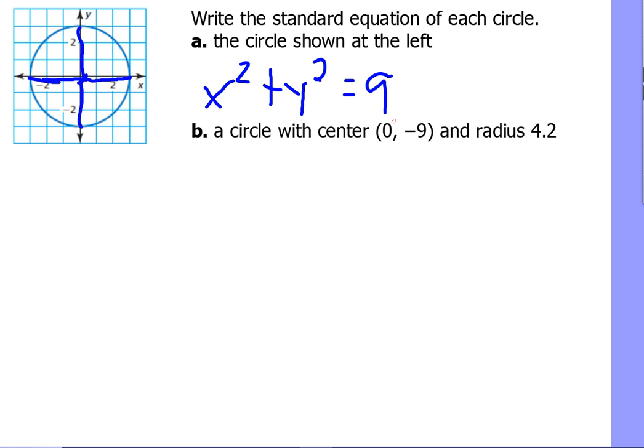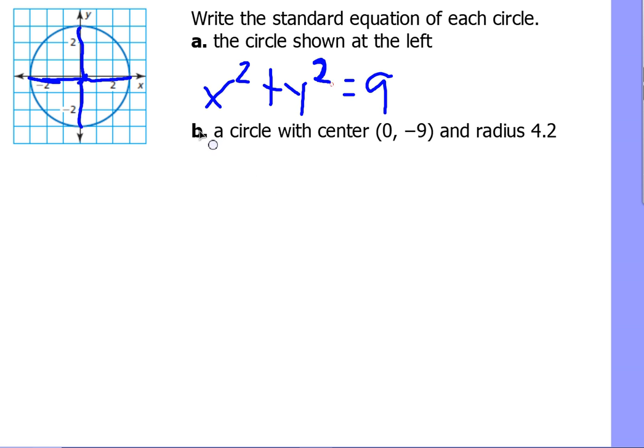We have our radius of 3 right in here: 1, 2, and 3. I knew the center was at the origin because it's 3 in all directions. Since the center is at the origin, 0, 0, when you add or subtract 0 to x, it makes no difference, and same for y.